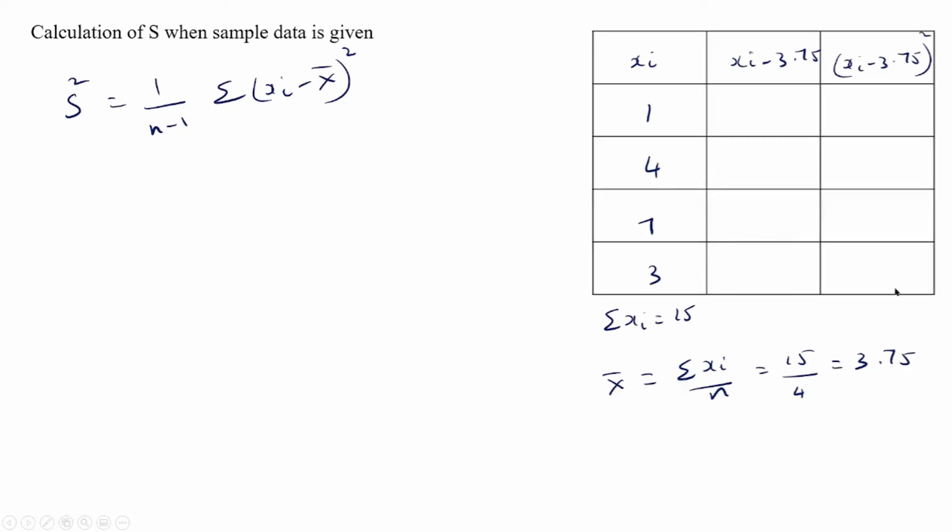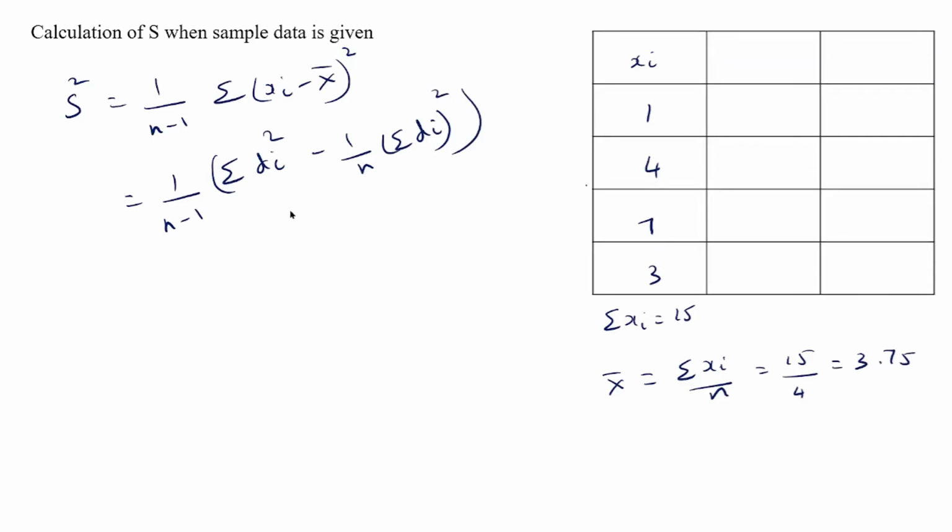So what we can do is use an assumed mean and then find the value of s square as 1 by n minus 1 into summation di square minus 1 by n summation di the whole square. Here di equal to xi minus a, where a is the assumed mean.